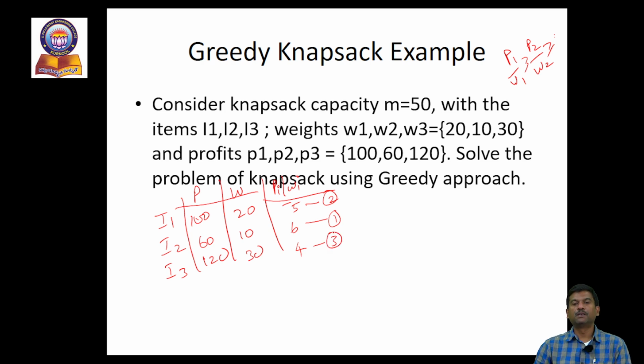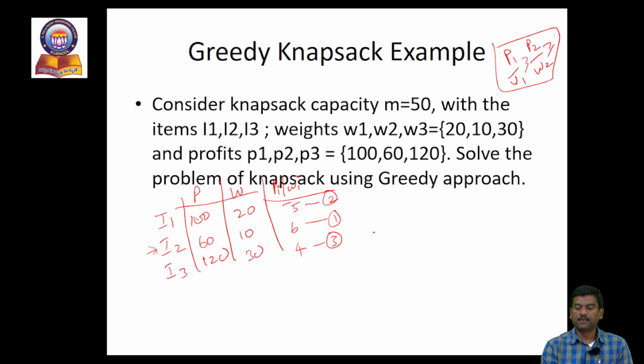As I mentioned, it should be arranged in the format Pi by Wi, that is P1 by W1 greater than or equal to P2 by W2 greater than or equal to P3 by W3, and so on. So whenever I say the first job, you have to consider item 2, that is the first item. So it should be ordered in this particular format.